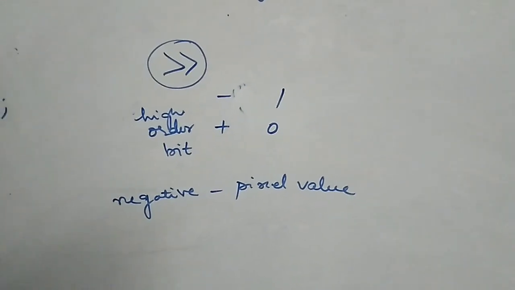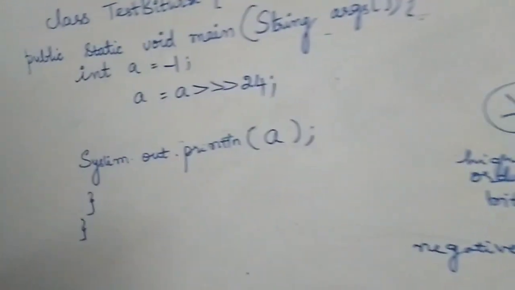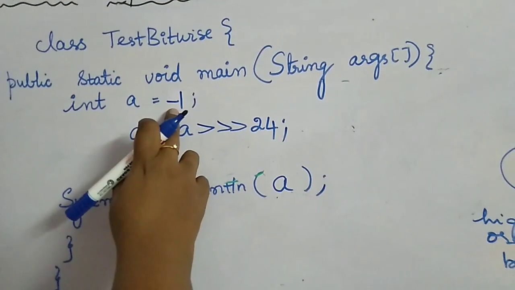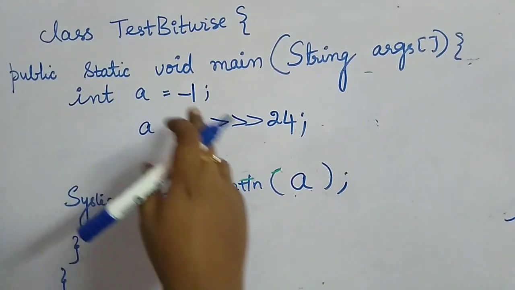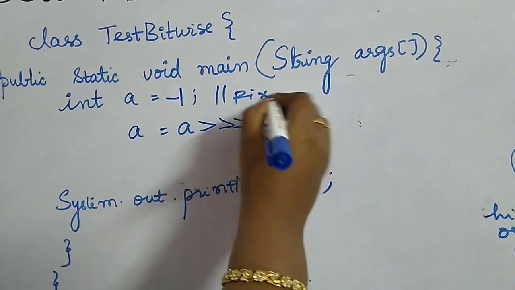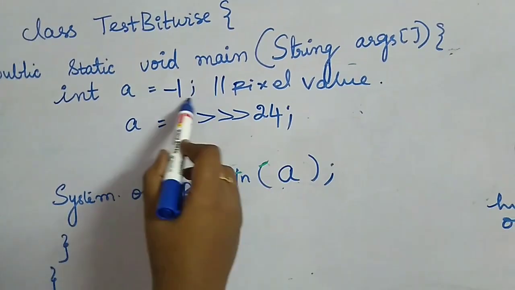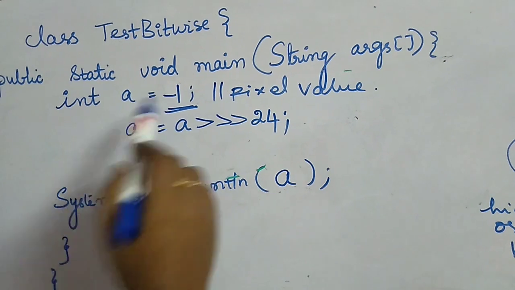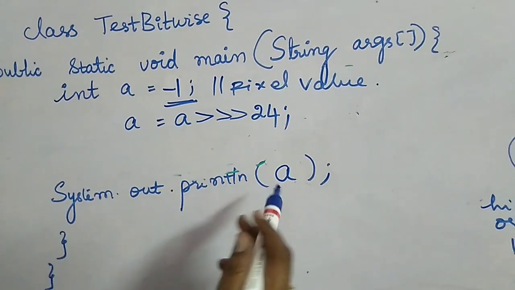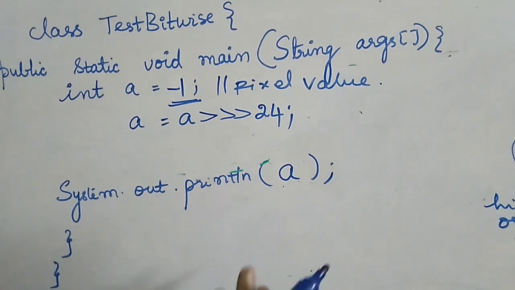I hope everybody understood. For example, here you see int a is equal to -1. This -1 might not be representing a number. It might be representing a pixel value in some graphics environment. In those cases, you want to shift it to the right, but you don't want the sign to be retained.